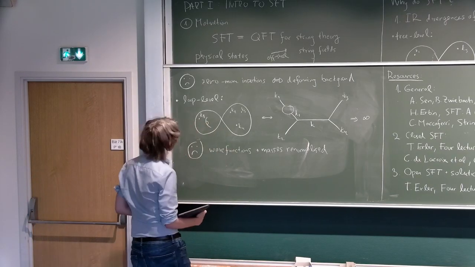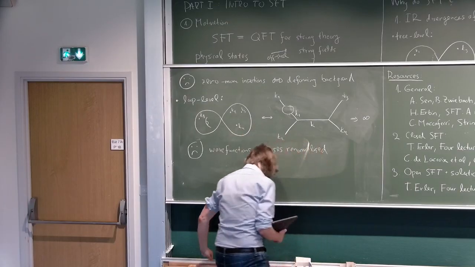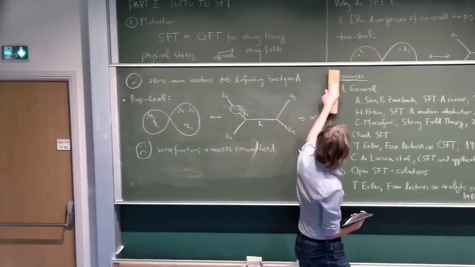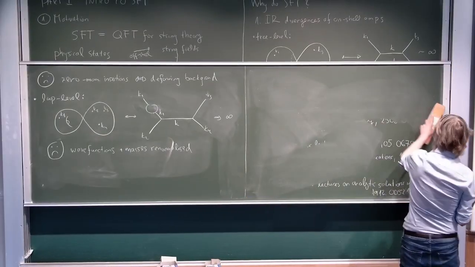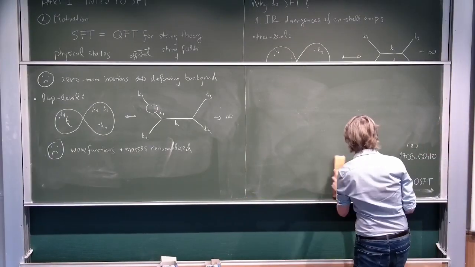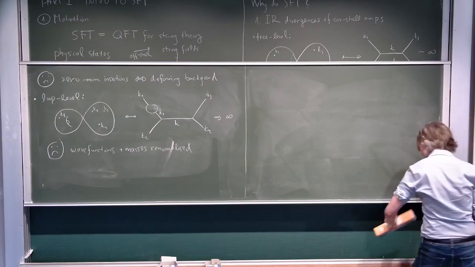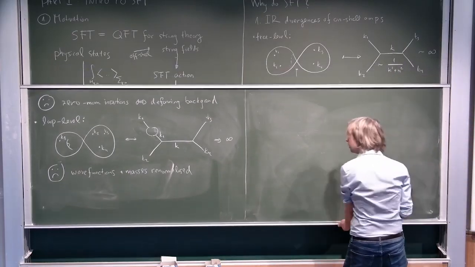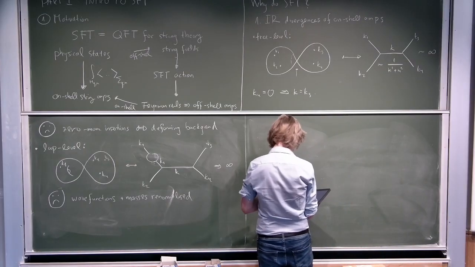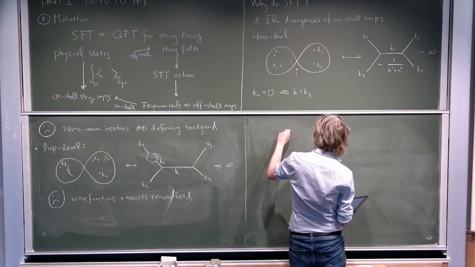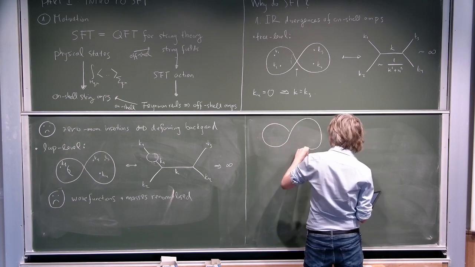So now let me give you one more example of an infinity, which we cannot simply deal with using the first quantized on-shell worldsheet prescription. And for that, I will draw the following Riemann surface.